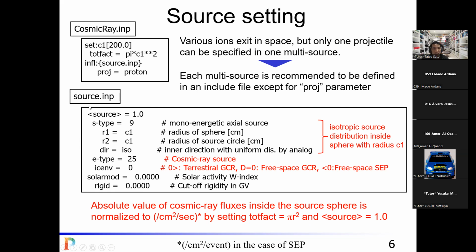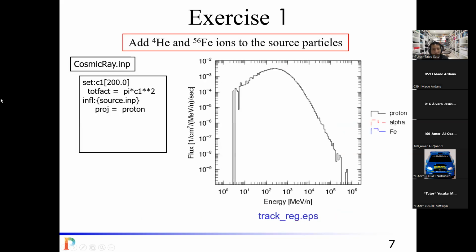The only difference is the projectile parameter. So you can simply include the file again and write the projectile, and include the file again and write the projectile. Okay, so let's do this exercise.